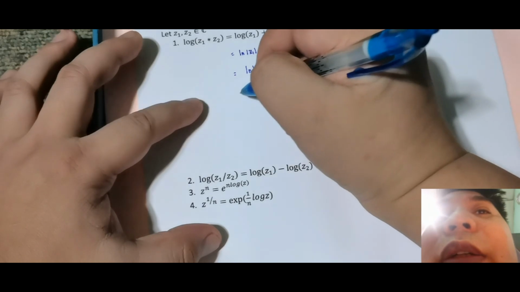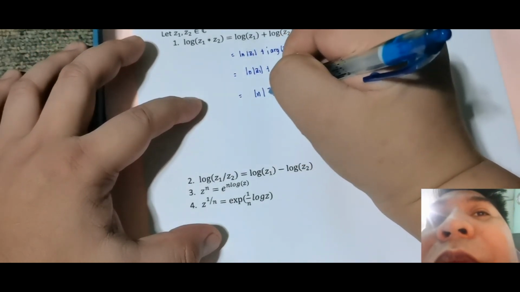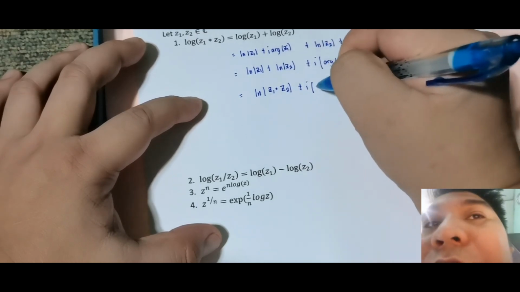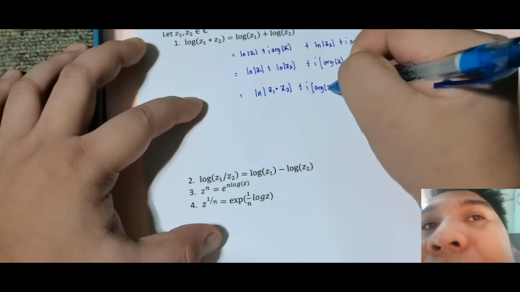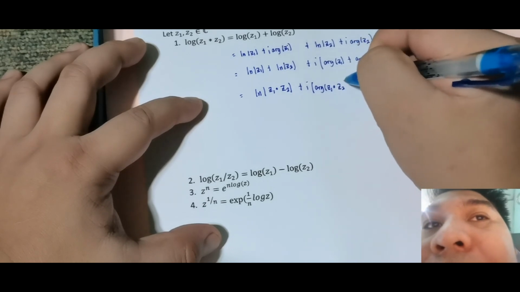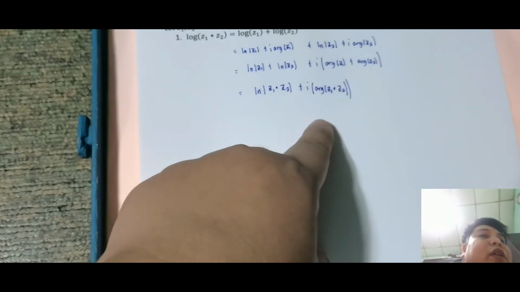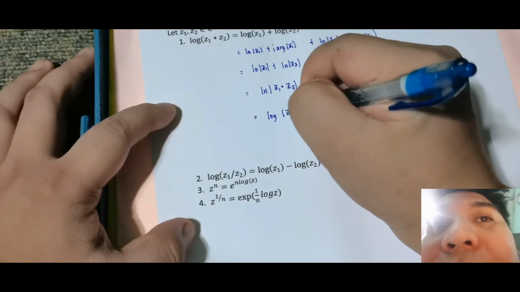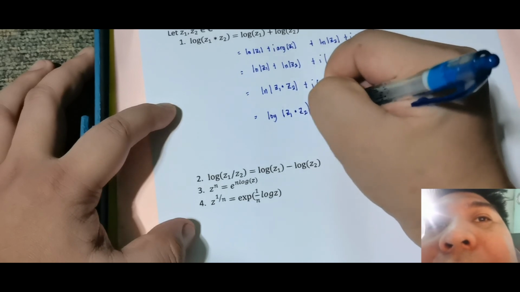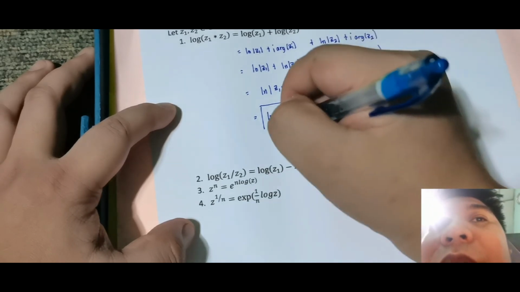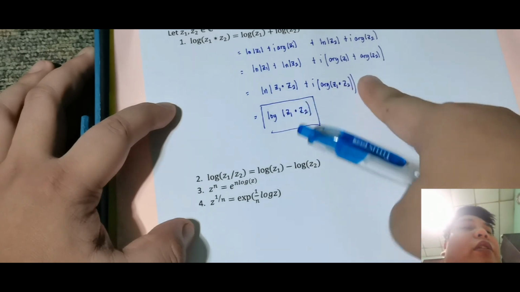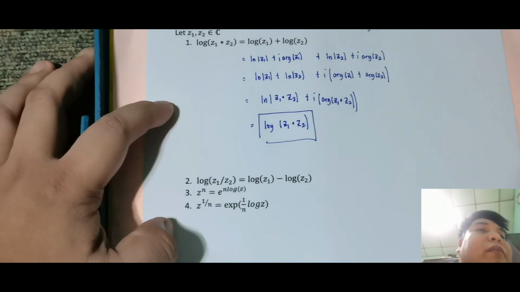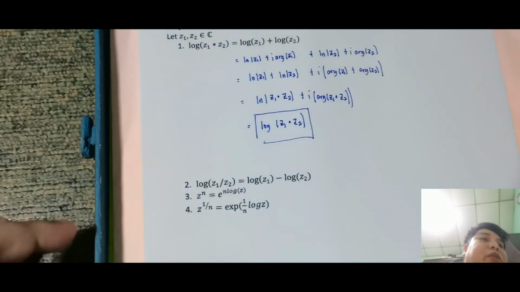So, this is equivalent sa ln of z1 times ln of z2 plus i, ito equivalent sa argument ng z1 multiply by argument of z2. So, hindi ko nabigay pa kasi yung property na yan. Okay, so therefore, this is equal sa logarithm of z1 multiplied by logarithm of z2. Okay, so similar siya doon. Ulitin ko lang, similar rin dalawang yan. So baka makita niyo yung proving yan. Arg of z1 plus arg of z2 is equal to arg of z1 times arg of z2. Okay, so isipin mo kung paano yan na-derive or what.